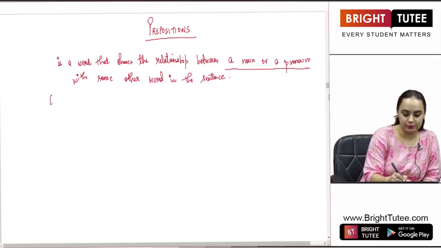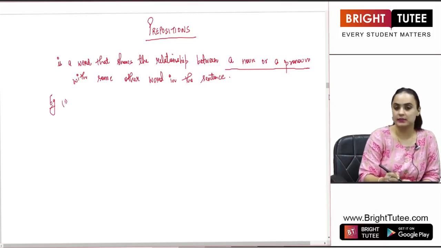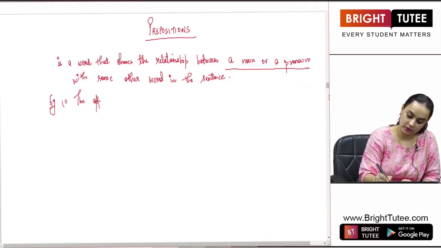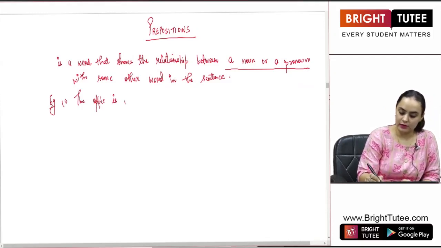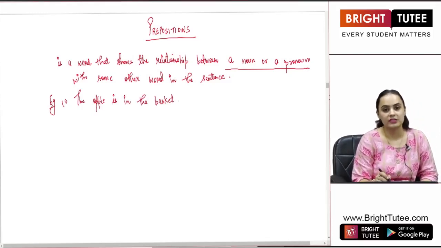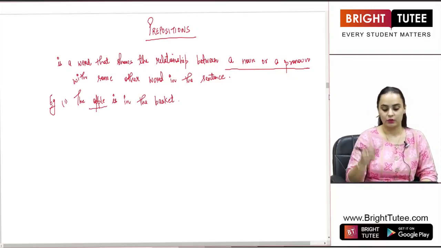For example, if I write these sentences in front of you, the apple is in the basket. Now, what is my noun in the sentence? Apple. Where is the apple?